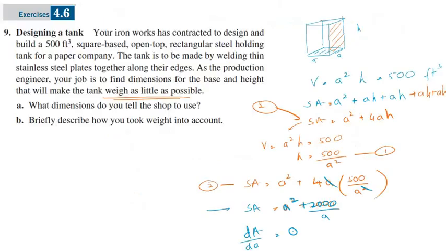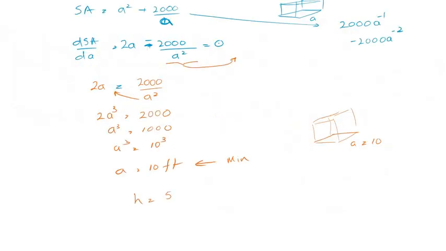H is equal to 500 over A squared. A is 10, A squared is 100, so H is equal to 5 feet.